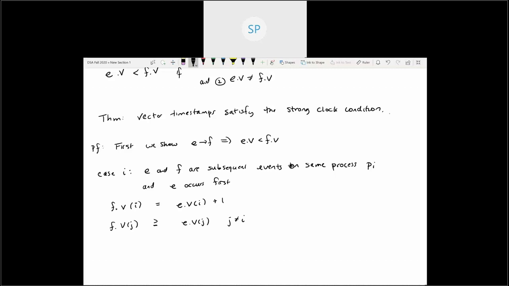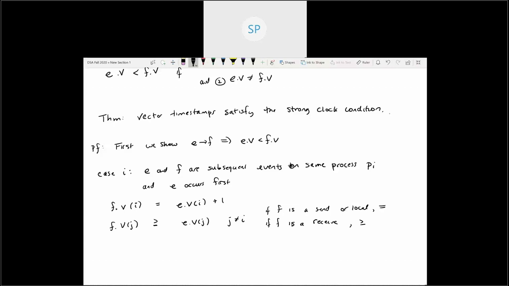Well, if F is a send or local event, they're equal, because nothing else changed. The only clock that ticks for a send or a local event is the ith component. All the other components are the same. And if F is a receive, then we're doing a pairwise max, so we can't get any smaller. So is that clear?